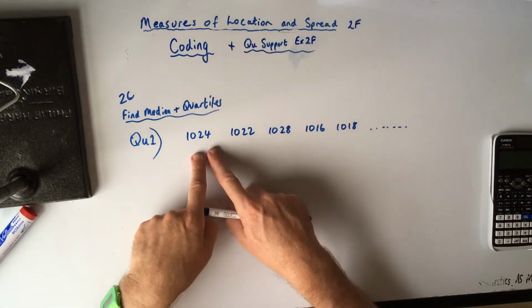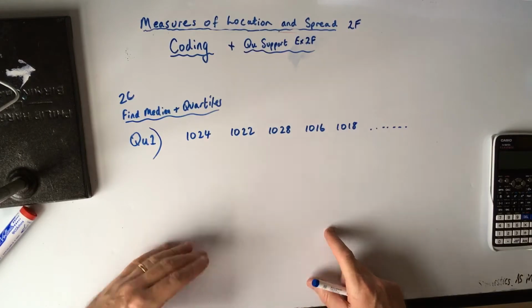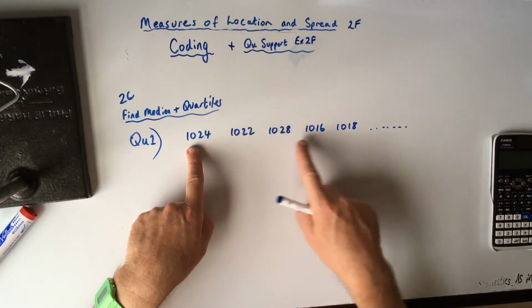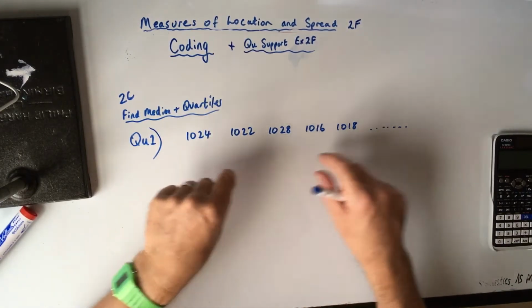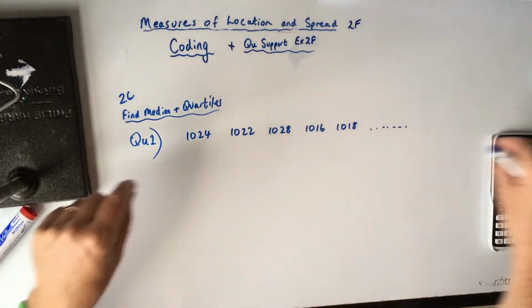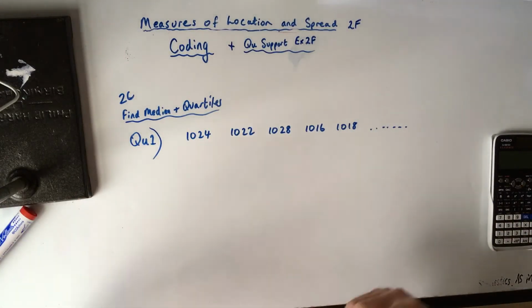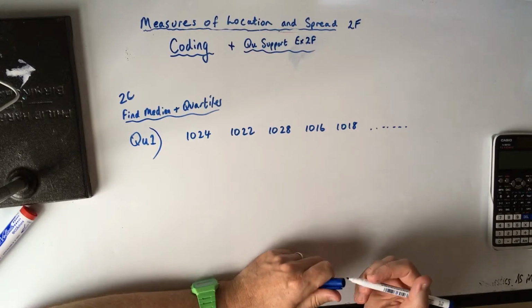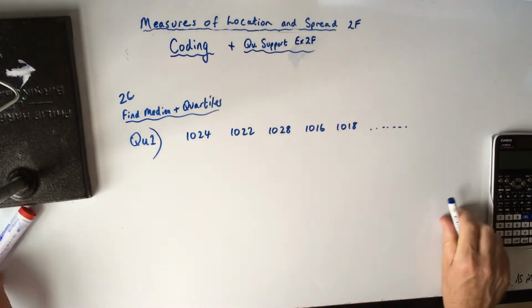In other words, I did this question as part of the lesson support, and you had to put all the numbers in order to find the median. Of course, there were 16 of them. When I did that question for you, I did say, use your common sense here.